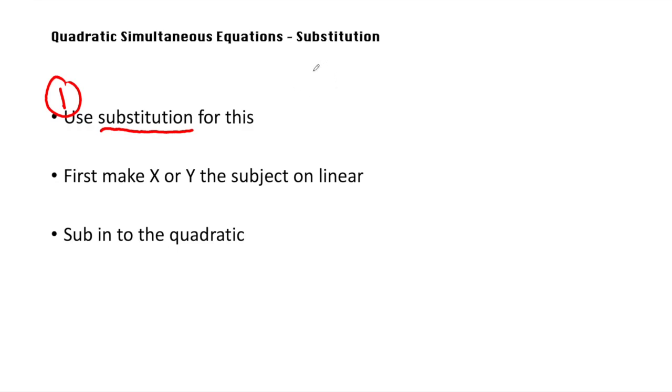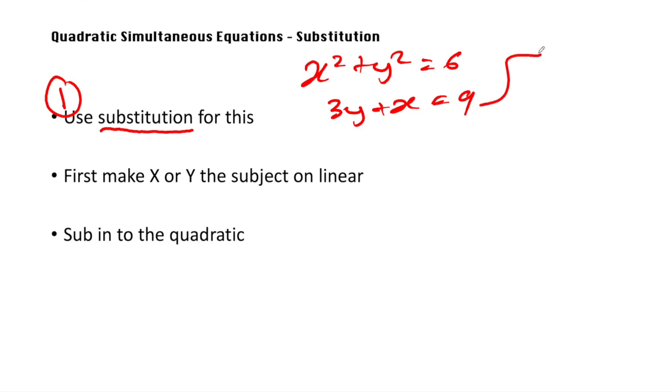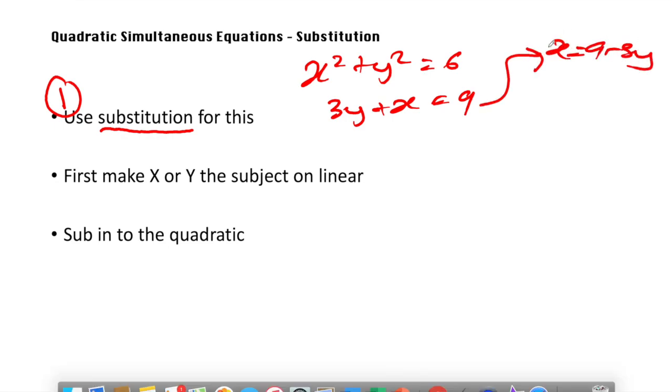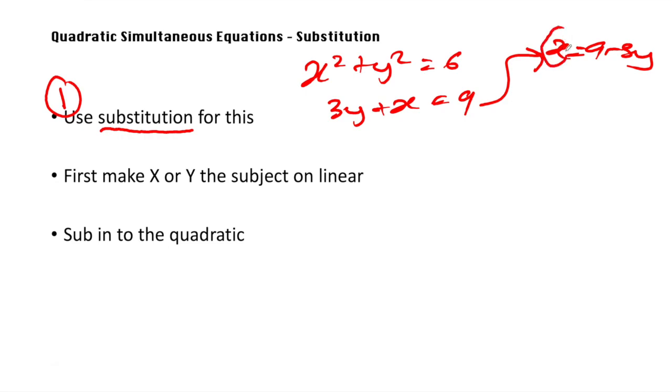So for example, if you had x squared plus y squared equals 6, then you had 3y plus x equals 9. You change this one to x equals 9 minus 3y, and then sub in that x into the x squared, square this, and you'd then only have y's in the equation, and you could just rearrange it and solve it like a normal quadratic equation.